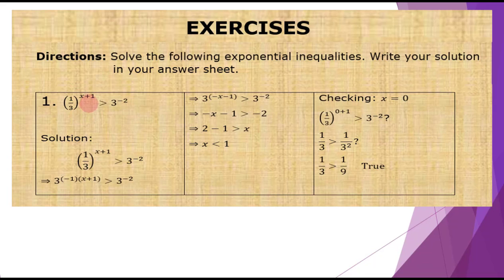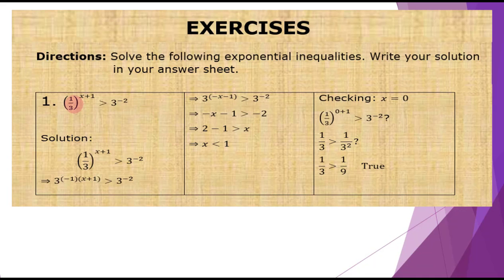Now, in order to solve an exponential inequality, we have to see to it that the base on the left side and the base on the right-hand side must be equal. In this given exercise, they are not equal.